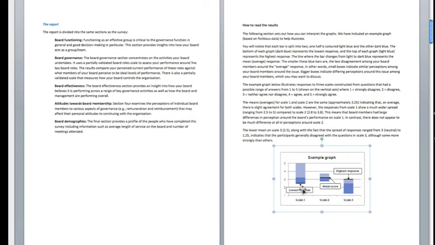You can also see the lowest response, here around 2.5, here around 2.8, here just over 1. Then you can also see a point at which the bar changes colour subtly. That's actually the mean. What it tells you is what's the average response for your board around this item.